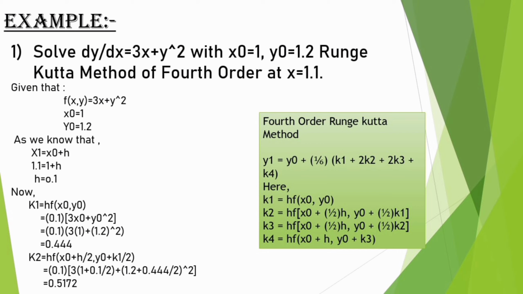Also we have the initial conditions, that is x0 is equal to 1 and y0 is equal to 1.2. In this question, we are not given the value of step size h, but we know that x1 is equal to x0 plus h. From this expression, we can calculate the value of h. Putting the values of x1 and x0, we get h equal to 0.1.